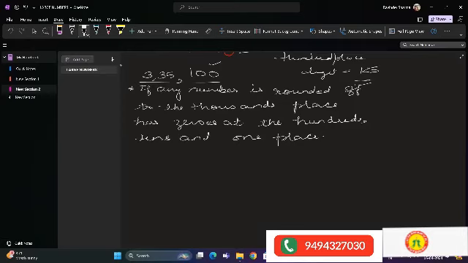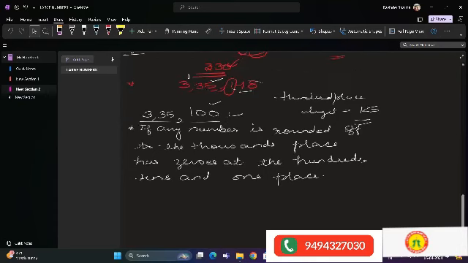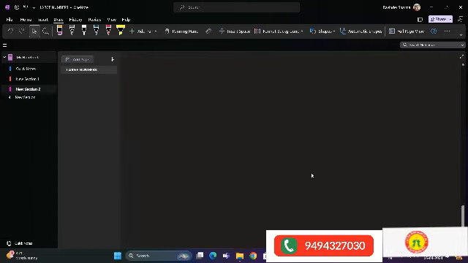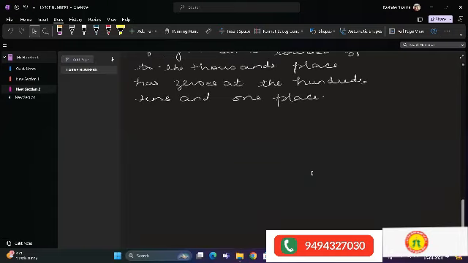Same here, as we did in this question. We have to round off this 1,000, 10,000 place digit, but the 100 place digit is 1, which is less than 5, so we have rounded down. So we have just put 0 in place of the tens and ones place.